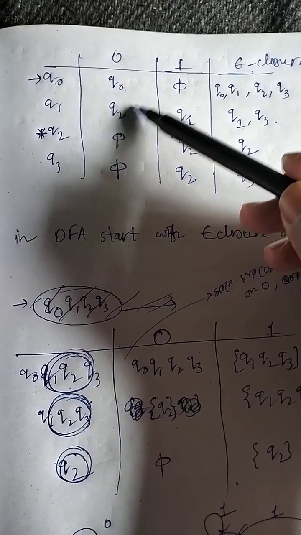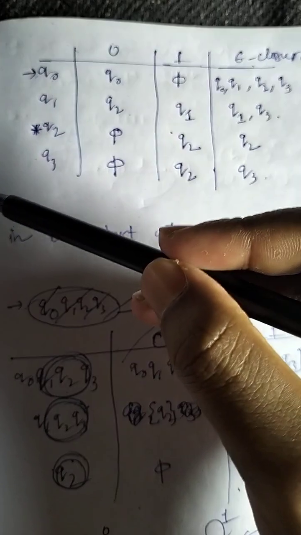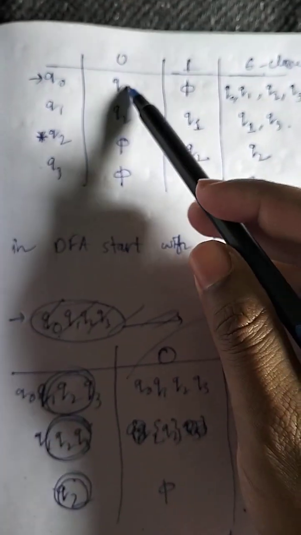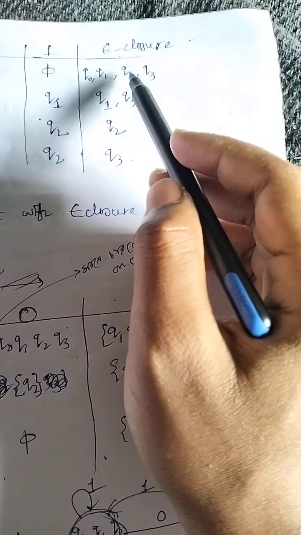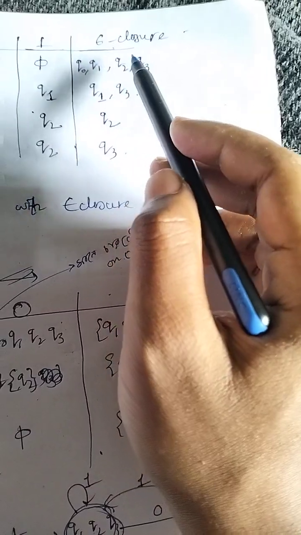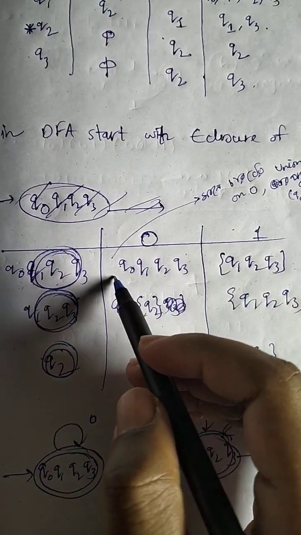We also have to take the union of the null closure of Q2 and Q2, Q0 and Q2. Okay, so if we do the union of the null closures, we get Q1, Q2 and Q3, all 4 states. Okay, so this is the answer.